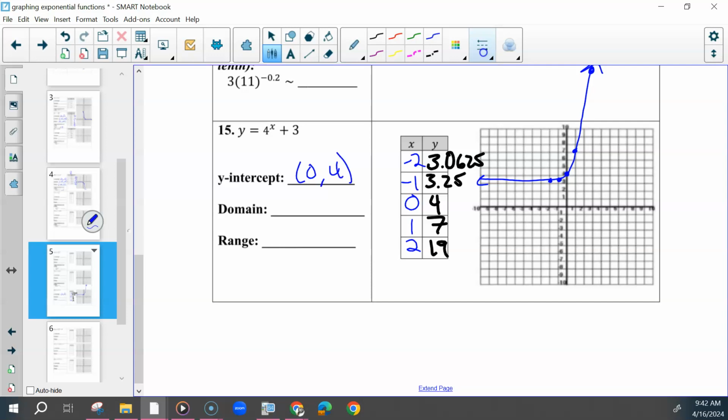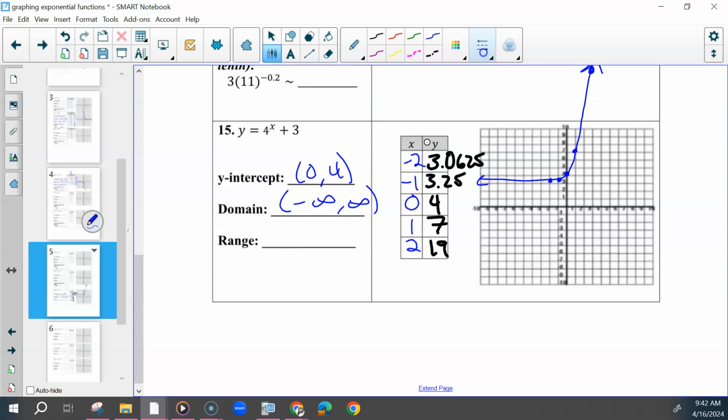The domain hasn't changed, so still negative infinity to positive infinity. But our range is different. What's our lowest value here? Will it go past 3 to get to 2? 3.0.